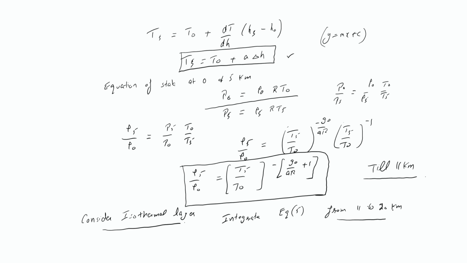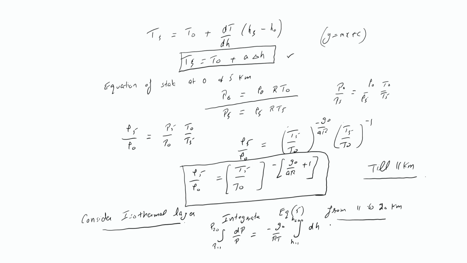What was the equation? dP upon P equals minus G naught by RT dH, right? Equation number 5. Now we have to just integrate this equation from P11 to P20. So the integral of dP upon P equals minus G naught by RT times the integral of dH, from H11 to H20.